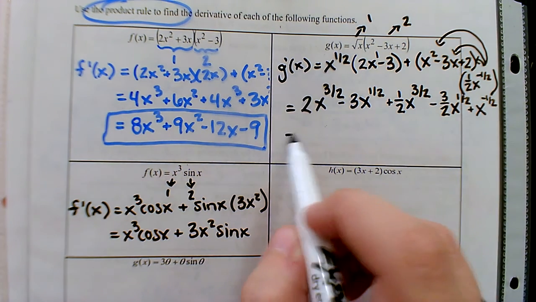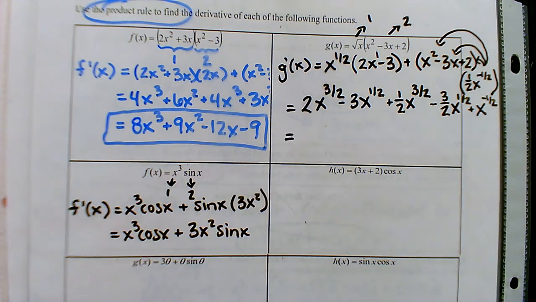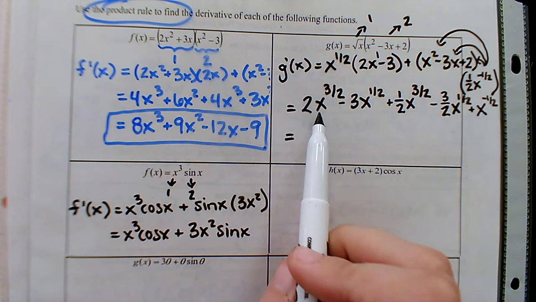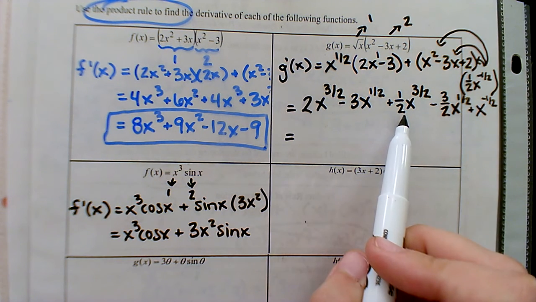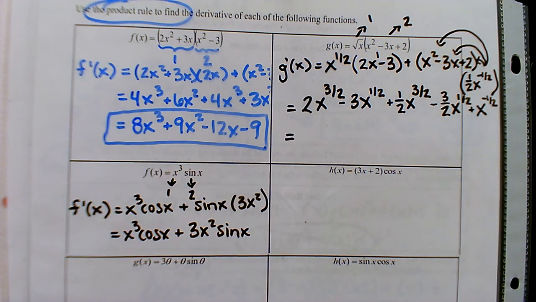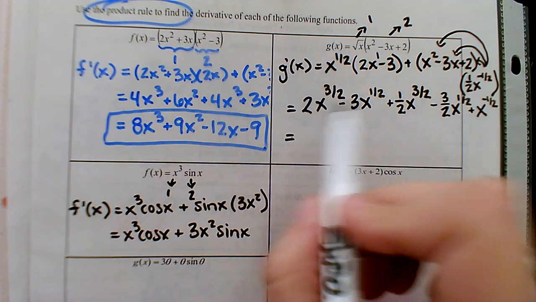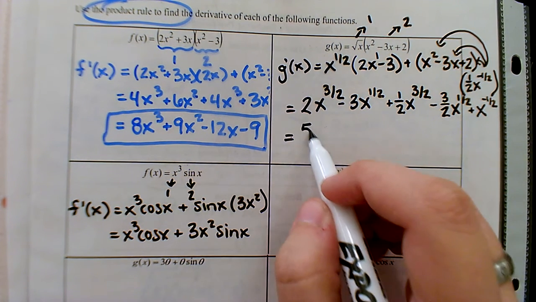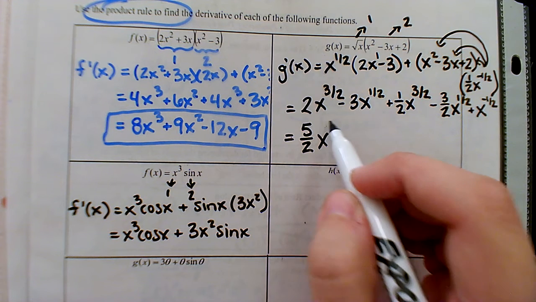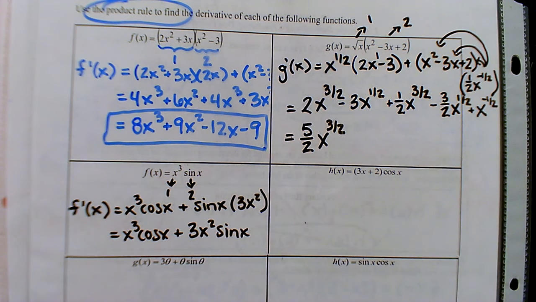Do we have any like terms? Let's see, we have a 2x to the 3/2 plus a 1/2 x to 3/2. Those are the same powers, right? Same type of x. So we can write that as 2.5, but as a fraction, that'd be 5/2. And we have a -3x to the half minus a 3/2 x to the half.